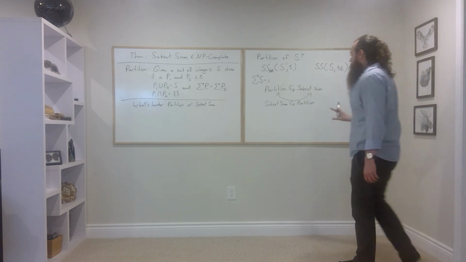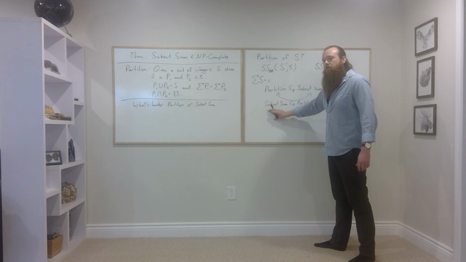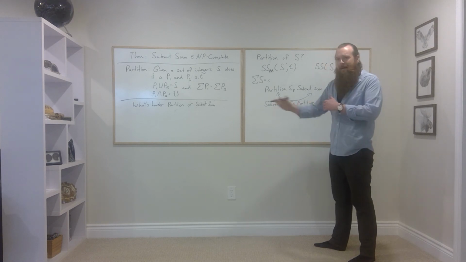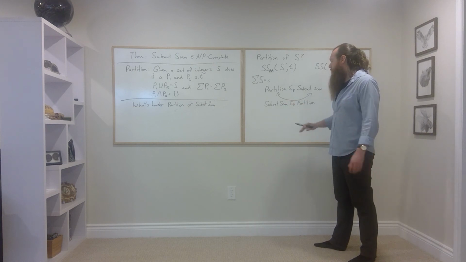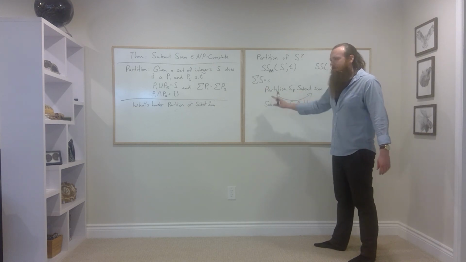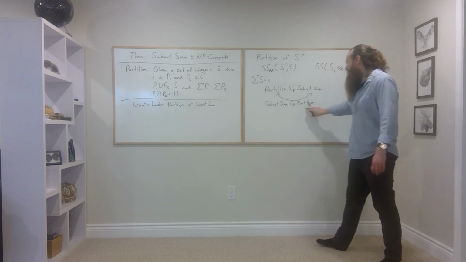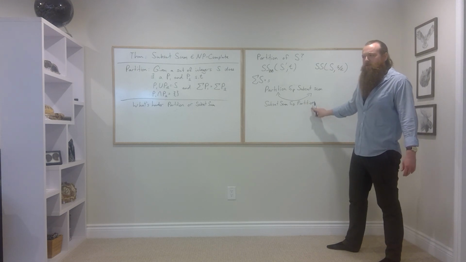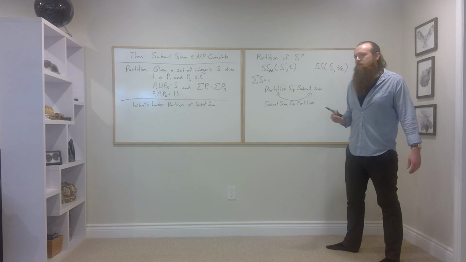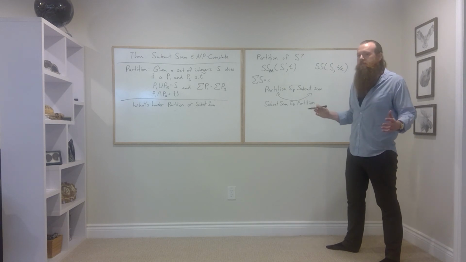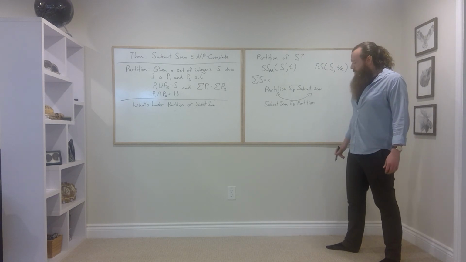Because remember, now I have to deal with a general instance of subset sum, and the target sum could be way, way off of half of the sum of the entire set. That target could be anywhere. And how am I going to use the fact that the set has a partition or not? How's that going to in any way tell me if there's a subset that sums to a general T? That seems like it's not going to work out.